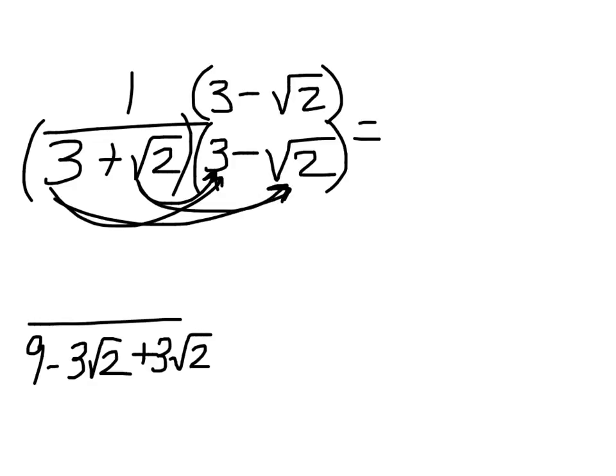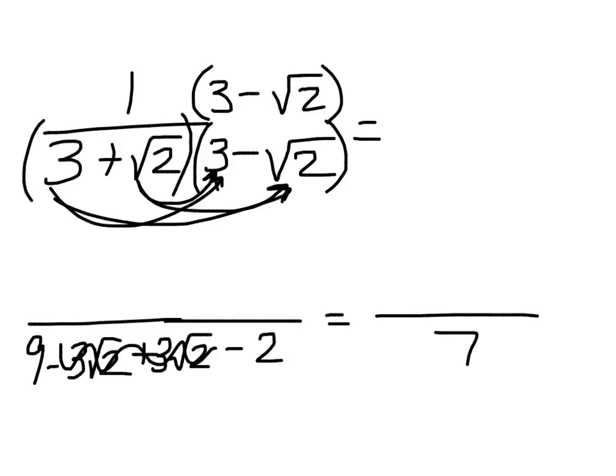And what's the square root of 2 times negative the square root of 2? What's root 2 times root 2? It ends up being negative 2 because 2 times 2 is 4, but the root 4 is 2. Now, what happens to the middle? They're gonzo.